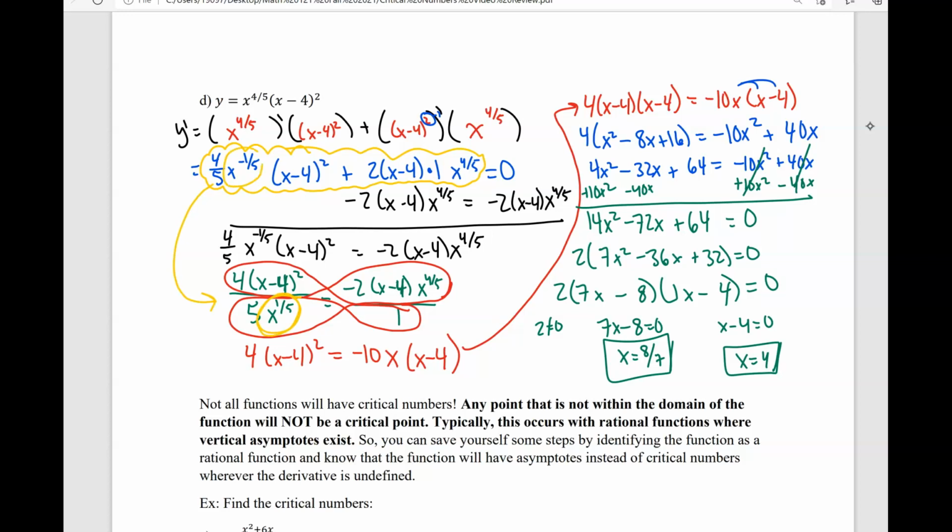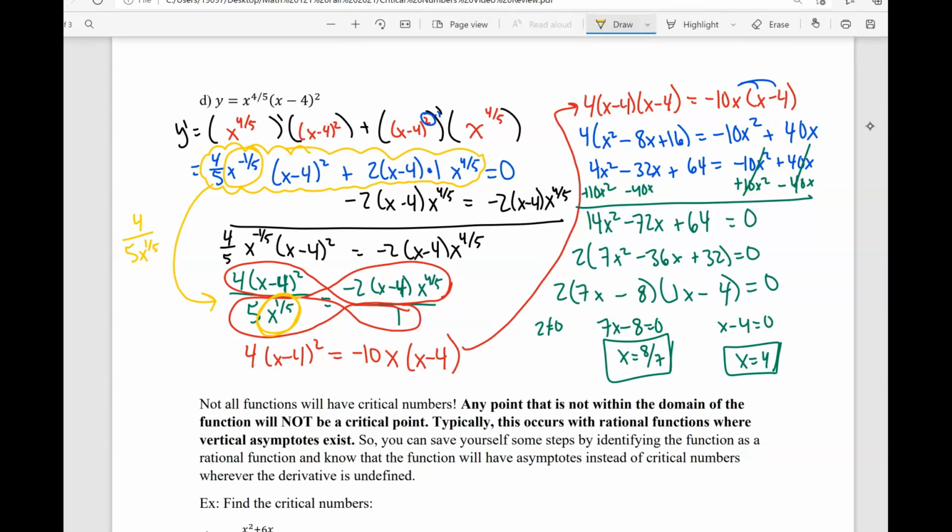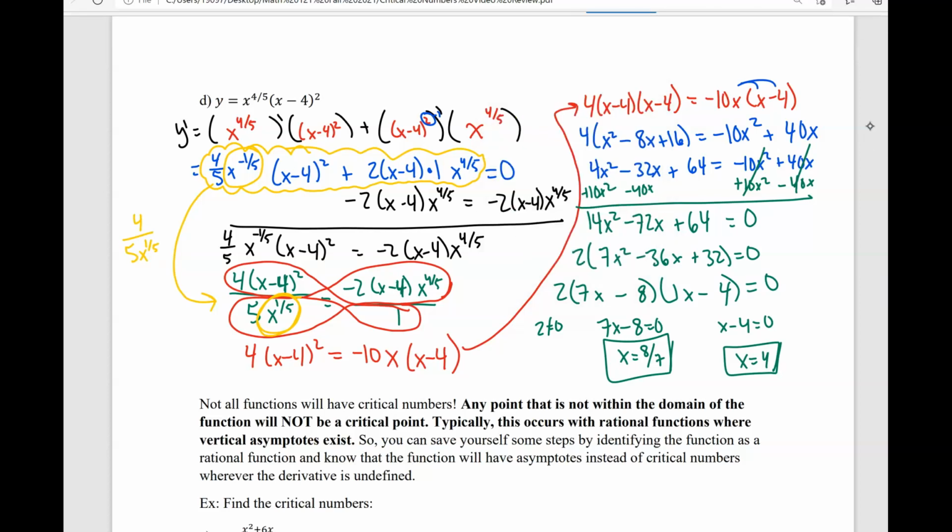So because of x to the 1/5, you can rewrite it as 4 over 5x to the 1/5. And all you really got to do is take that guy, because this guy's undefined, and set it equal to 0. And you can just see that the only possible answer will be x equals 0.